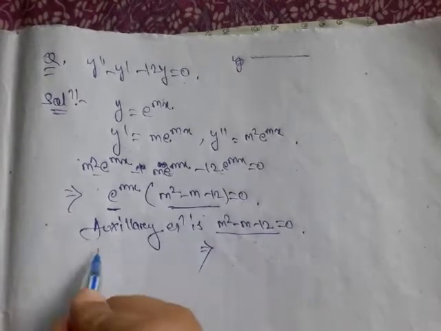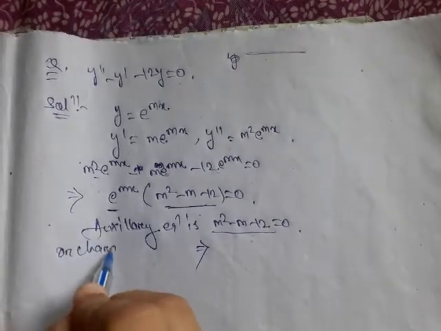This is called the auxiliary equation or characteristic equation.